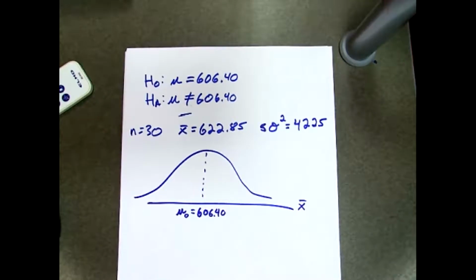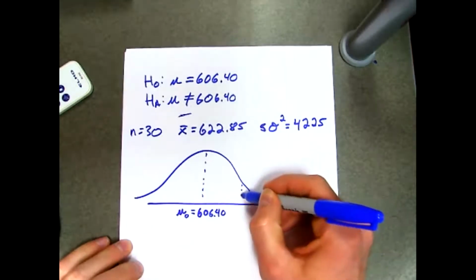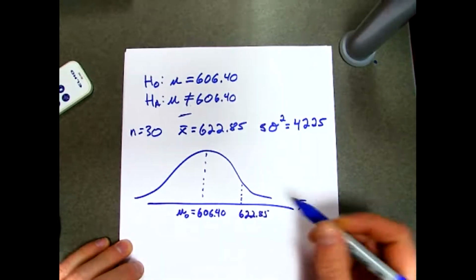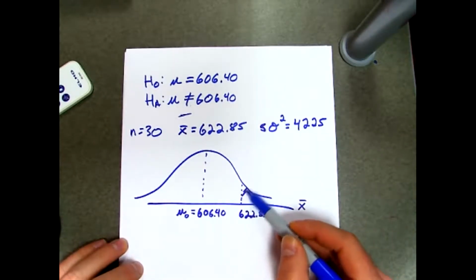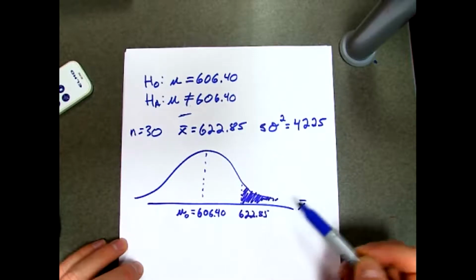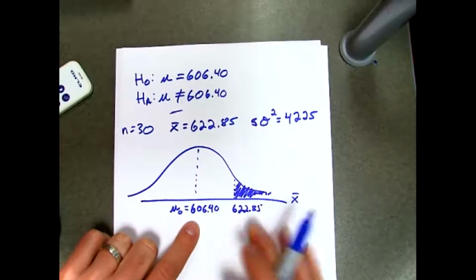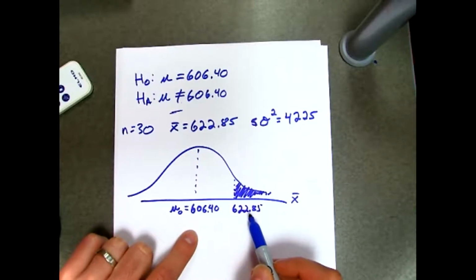So I'm grabbing that value from my null hypothesis, right? That's the assumed true value of the mean. We see $622.85. So we want to find the probability that we saw something that was as inconsistent with what we assume to be true, or anything even more inconsistent.